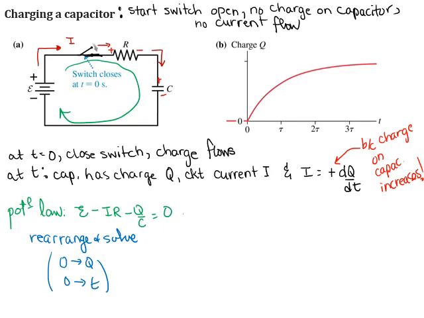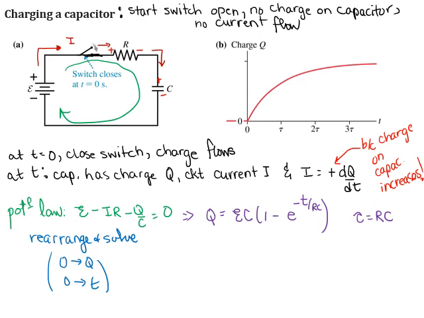When we do this solution, what we get for our answer is that the charge on the capacitor at some general time t is the potential epsilon times the capacitance C times 1 minus e to the minus t over RC. Again, we're going to be using our time constant tau is equal to RC.